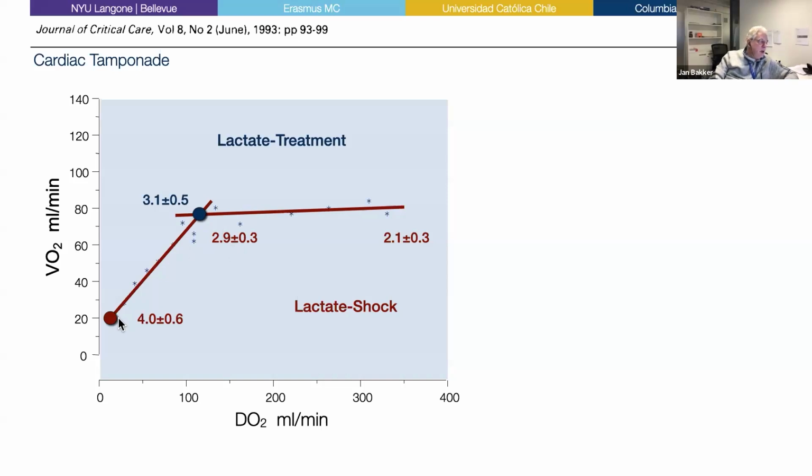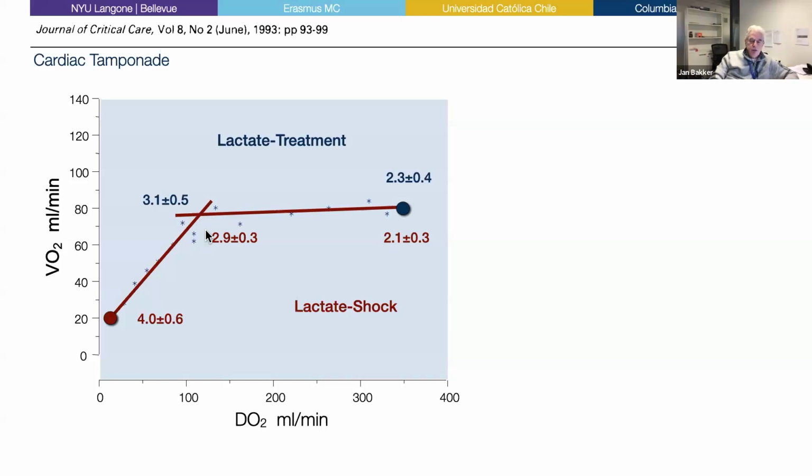But if you decrease the pericardial pressure by getting the fluid out in steps, you return to this point, lactate decreases. And if you have all the fluid removed, you're basically back at baseline. So that's basically resuscitation of tamponade. And this is what we call the critical DO2. And so basically at the critical DO2, tissue hypoxia starts.